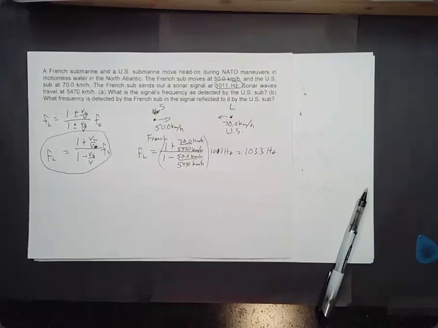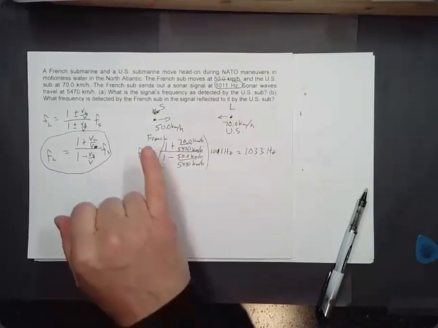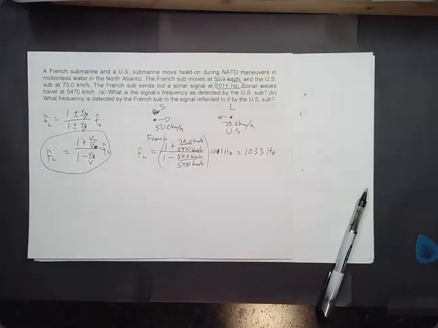Now for something like this, there'd be some instrument on the US sub that would receive that, although they might not know the frequency of the signal that was sent out from the French sub.